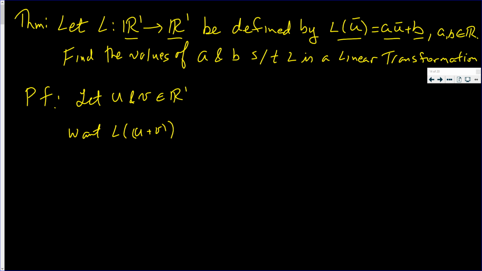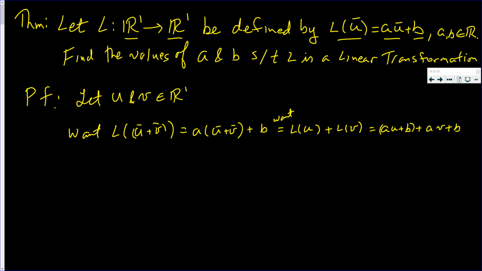Now that's one vector, so it's going to equal A times u plus v, plus B. We want this to equal L of u plus L of v, but L of u is Au plus B, plus L of v is Av plus B. So what we want is for this to equal this.